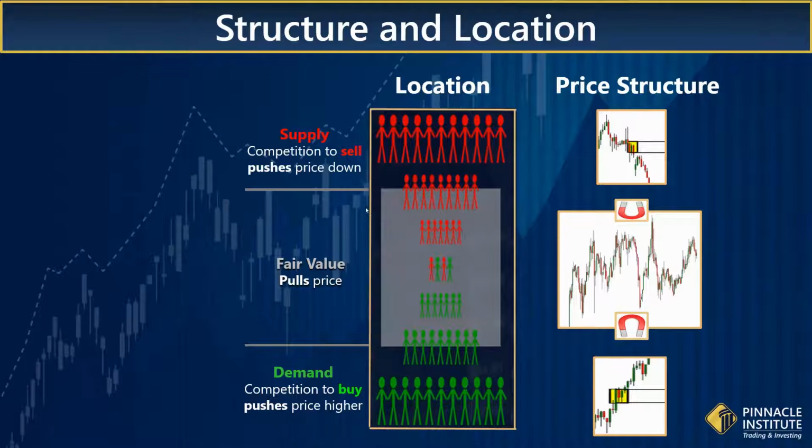Maybe there's a shortage, something like that. And prices briefly move out of fair value and higher. But eventually, in any market, they reach a price level where supply exceeds demand. Competition to sell its supply pushes price lower. It eliminates itself and pushes price back to the middle.